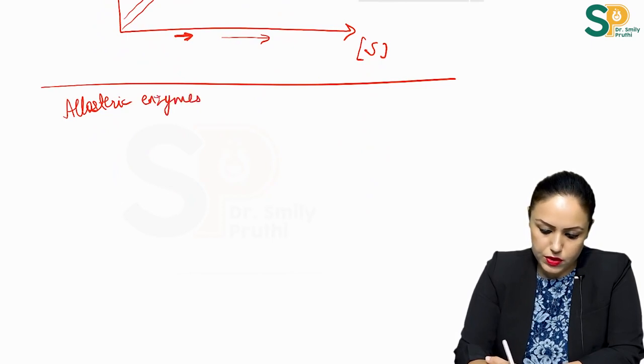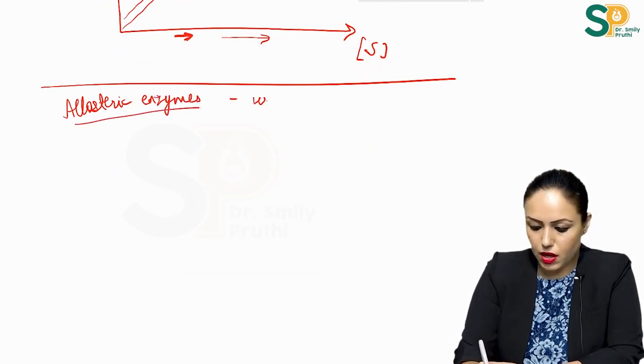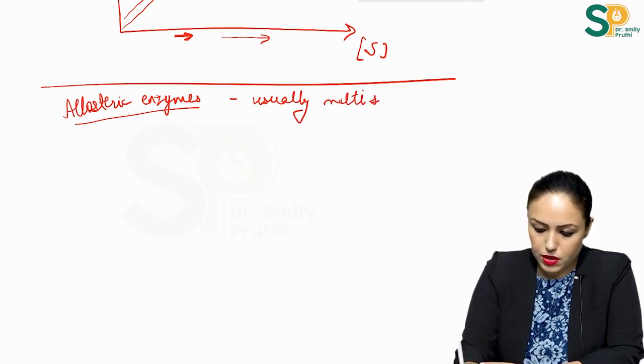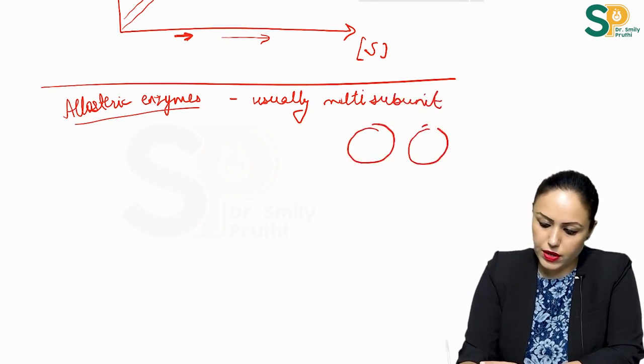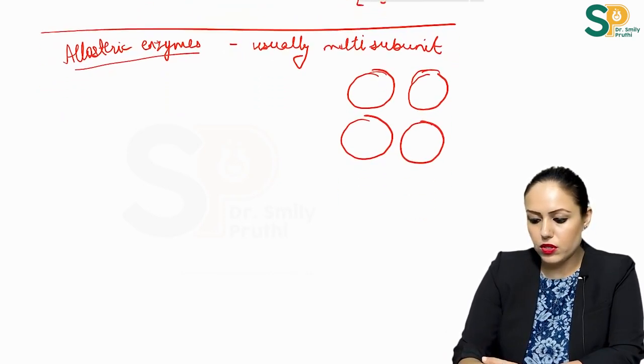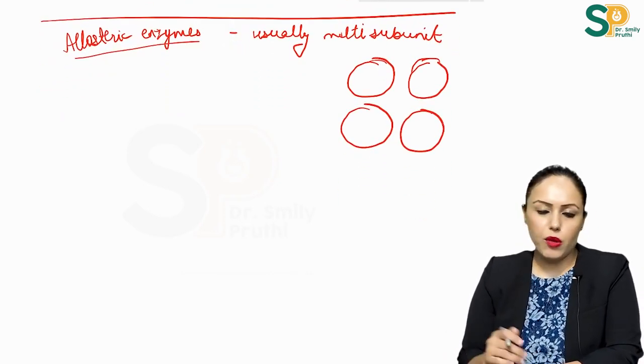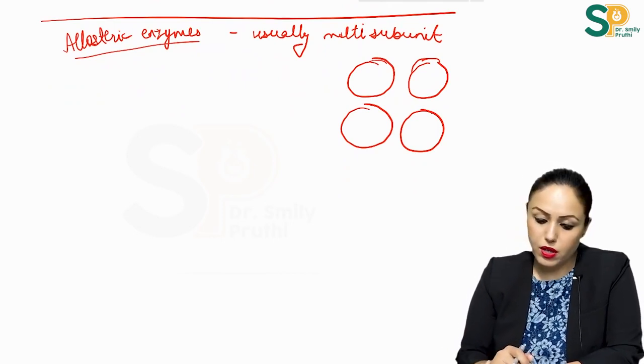Allosteric enzymes are usually multi-subunit enzymes. That is, they have more than 1 subunit. For example, they have 4 subunits, right?